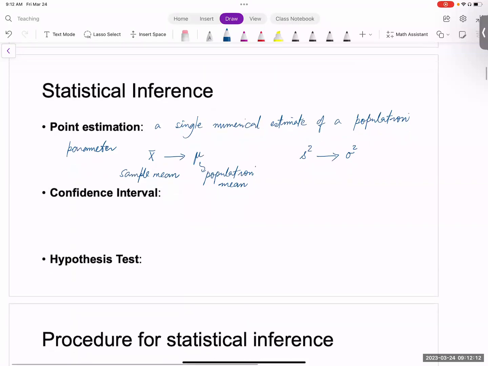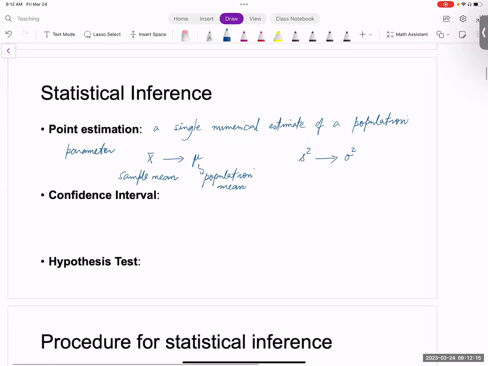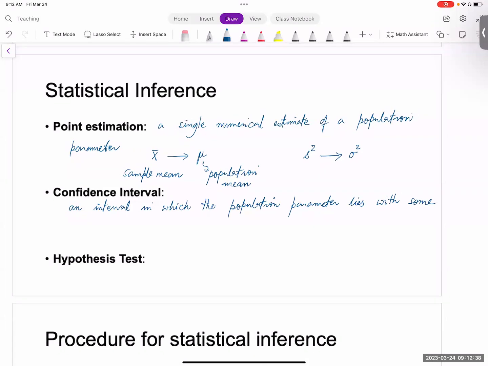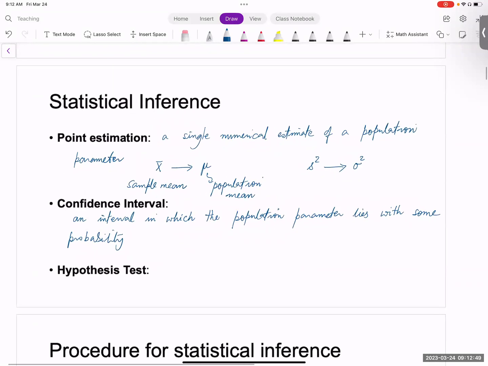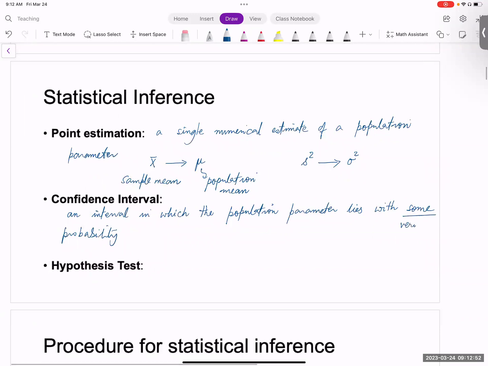So a confidence interval is basically an interval in which the population parameter lies with some probability. Even though I'm saying some probability, this probability is usually very high, something like 90% or 95%. So instead of saying some, you can call this some very high probability.